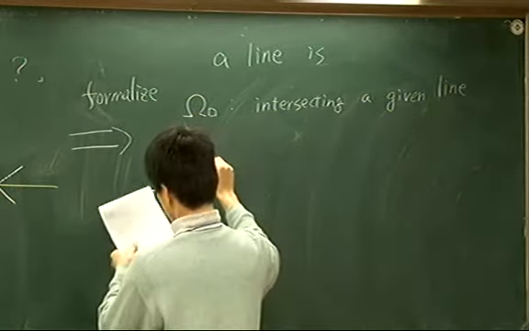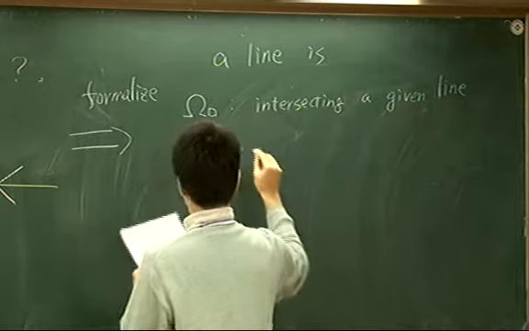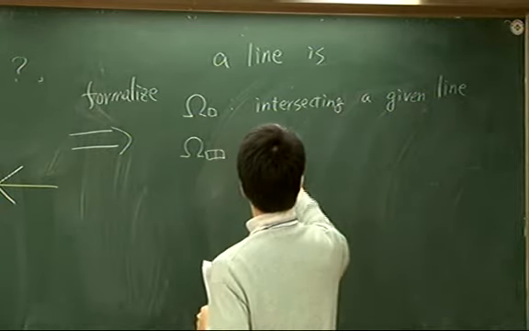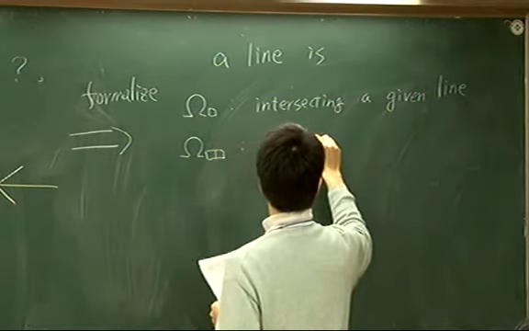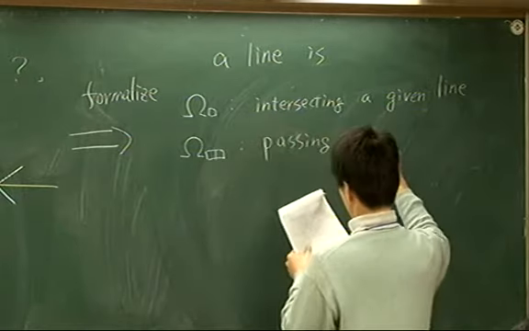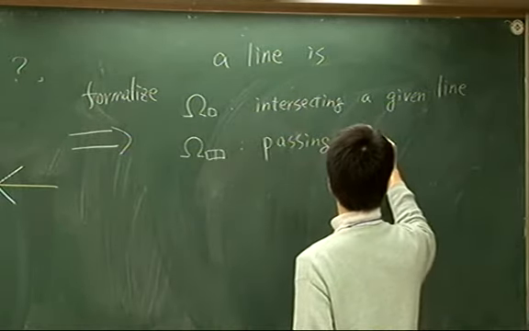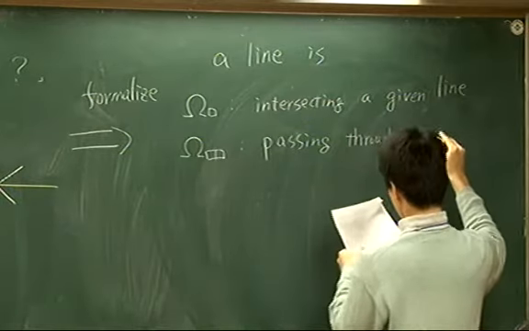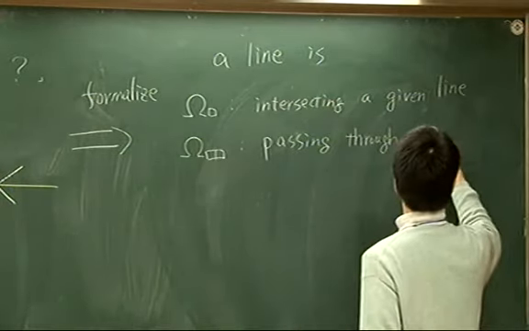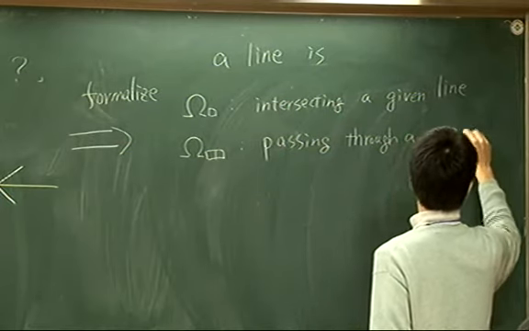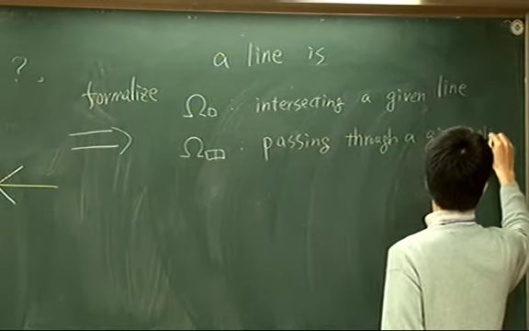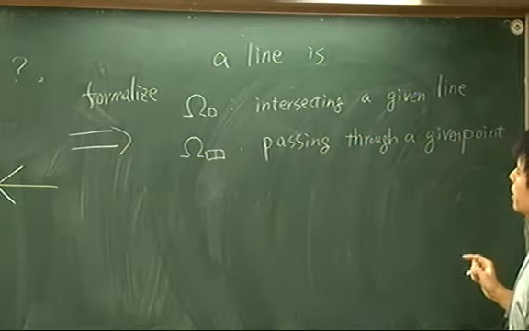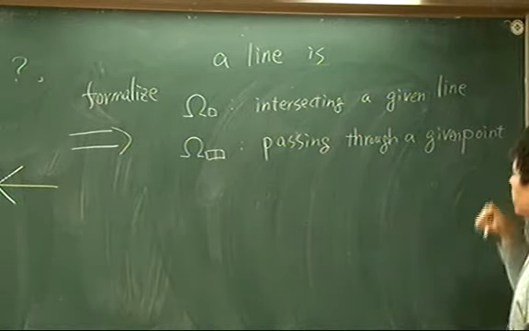The second one is that a line passes through a given point.